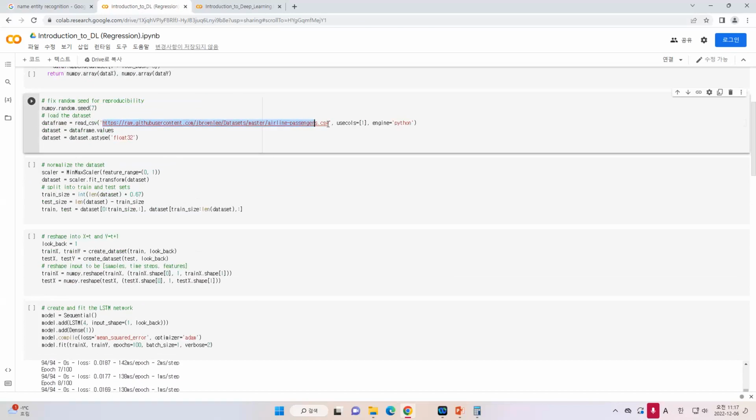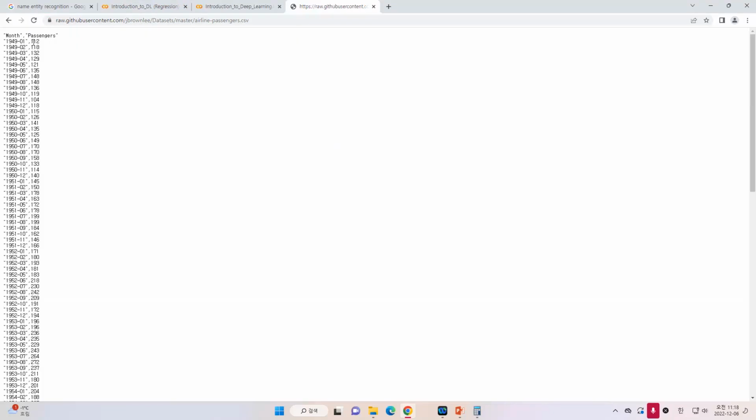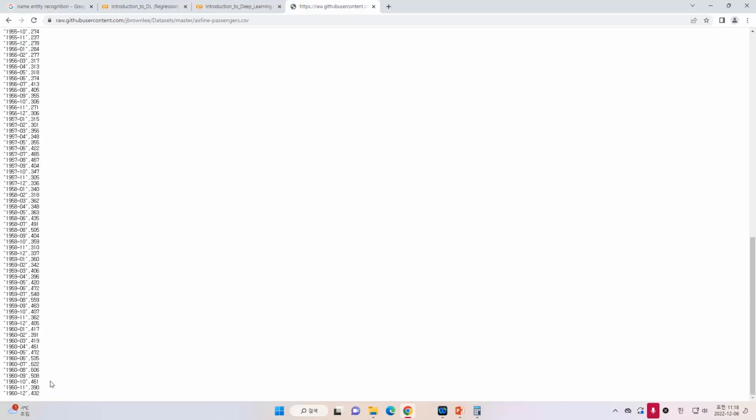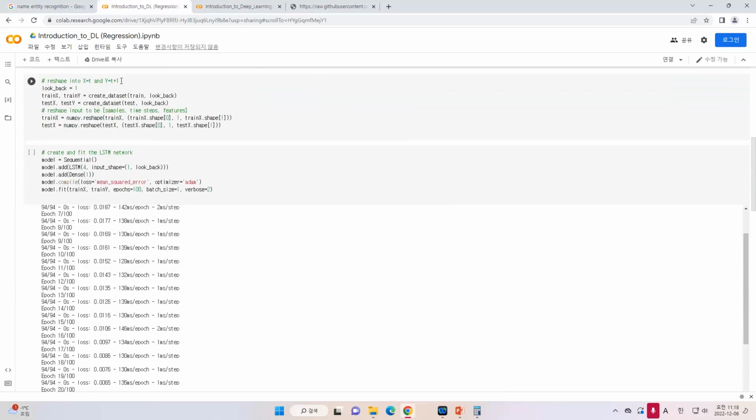This is data from GitHub about airline passengers. So if we have the data in this year 112, we have this data in this year 118. If we want to predict what will be the data in the next year, we can use regression. In this case, this is the way.